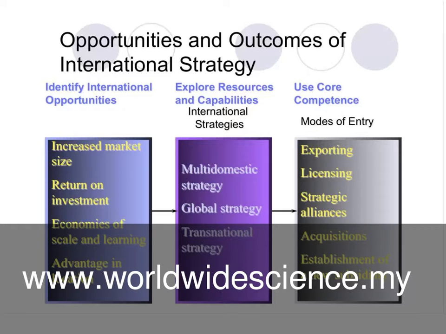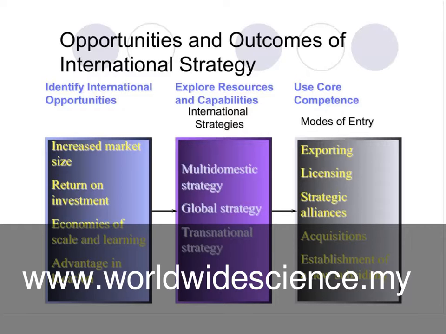You acquire other companies in order to expand your business, and that helps your national strategy. And when you establish a new subsidiary in your new international market, that paves the way for you to venture into the new market.